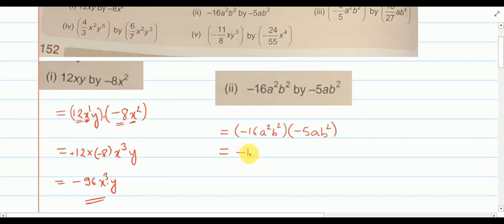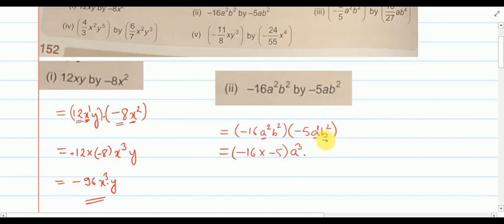Now what we'll do, we'll write these constant coefficients together. So I'll get -16 into -5 together. Okay, then here you see a square, and here a to the power 1. Okay, so bases same, power will be added. So 2 plus 1 it becomes 3. So you get a to the power 3 into here b to the power 2, and here b to the power 2.